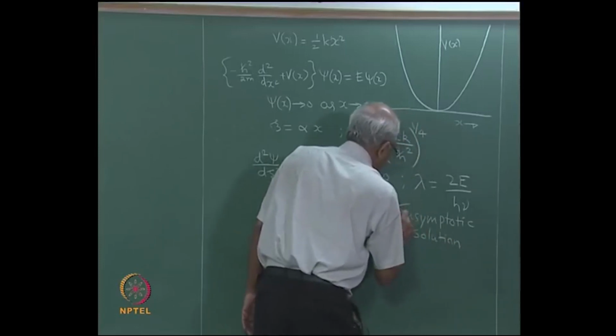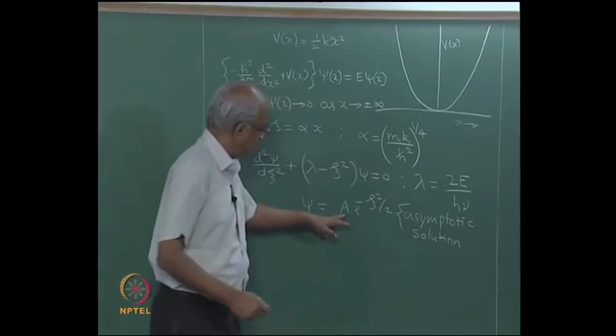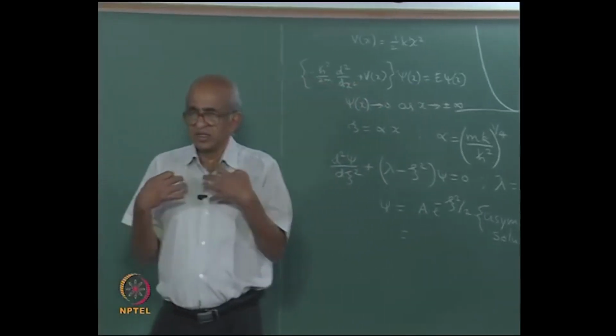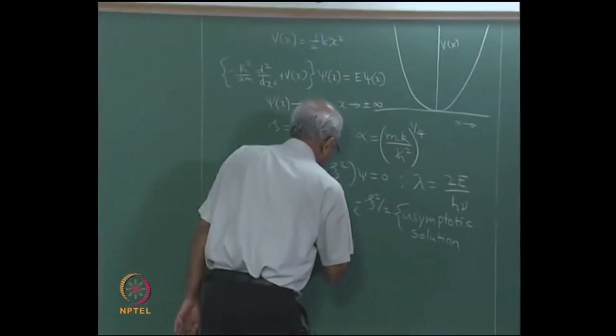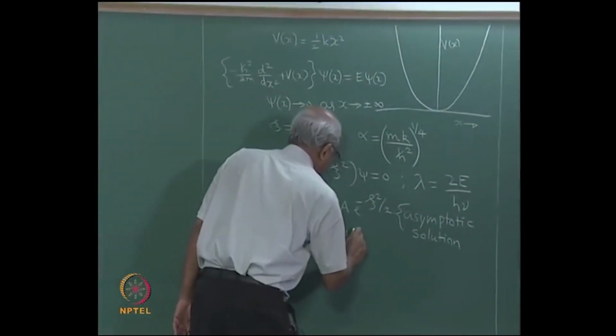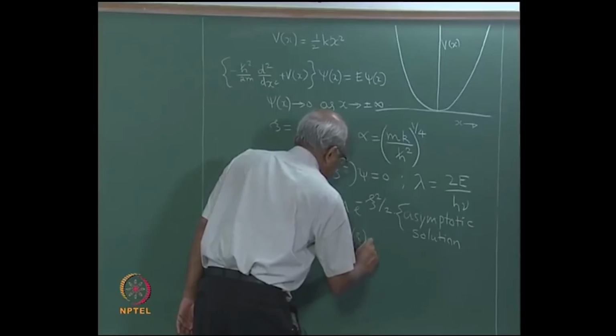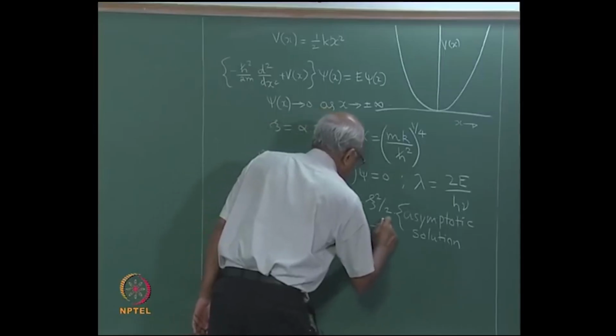So what we do is we just modify this equation and we say that okay, let us write the solution as h of c e to the power of minus c square by 2.